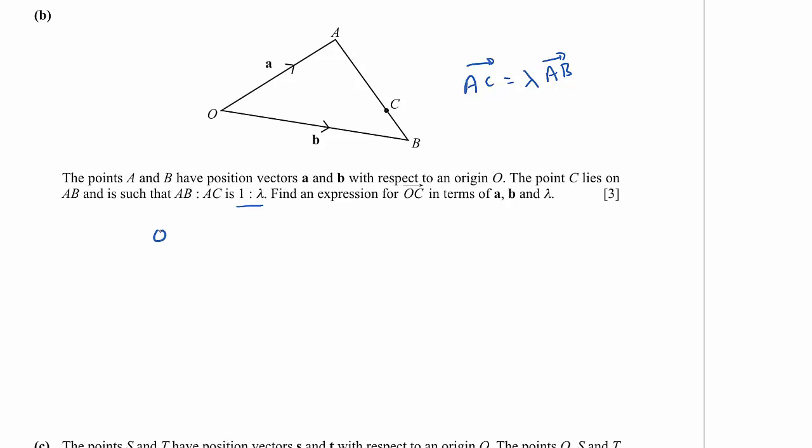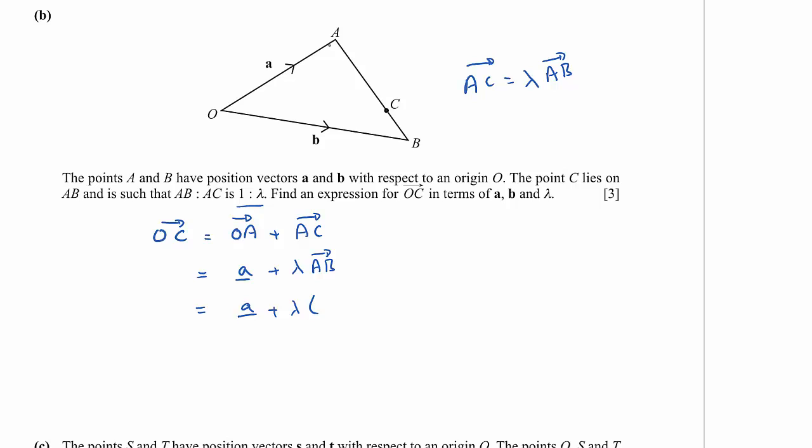Well, to go from O to C, what we could do is go from O to A, and then go from A to C. So O to A is a, and then A to C, as we just discussed, is lambda AB. And how would we get from A to B?